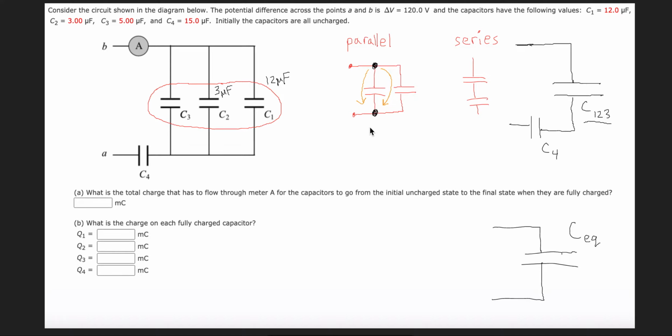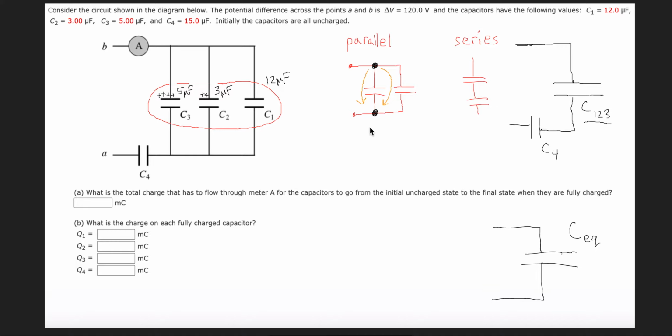And C3 is 5 microfarads. All of these present opportunities for charge to flow. It doesn't say which side is the positive and which side is the negative here, but let's say the top is the positive, just for the sake of drawing.